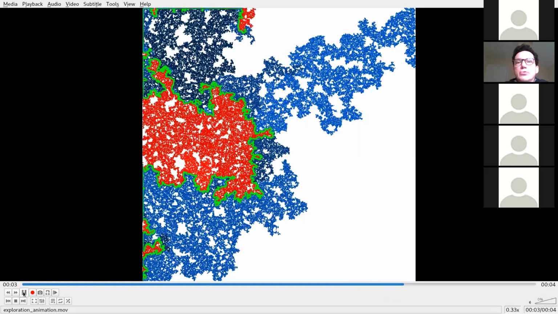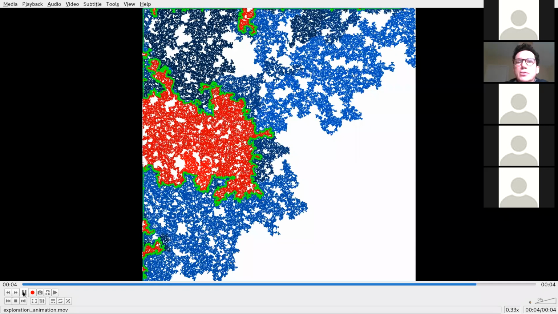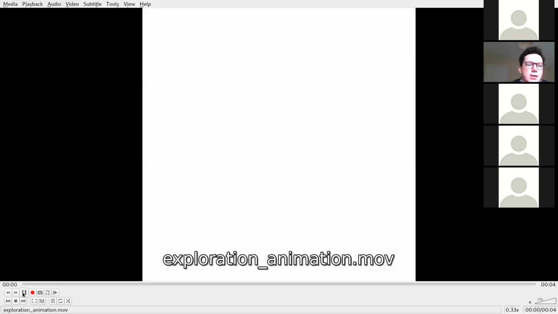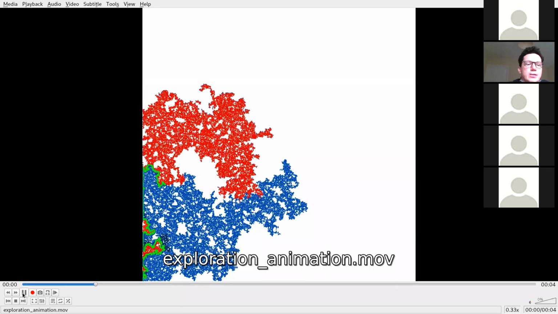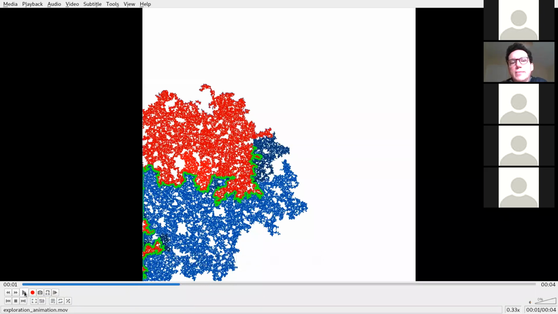I let it run through once. Right, so what we're doing here is exploring the interface between the blue and the red. You have blue with probability 2/3 and red with probability 1/3, so you will have more blue than red. And this picture is for percolation.